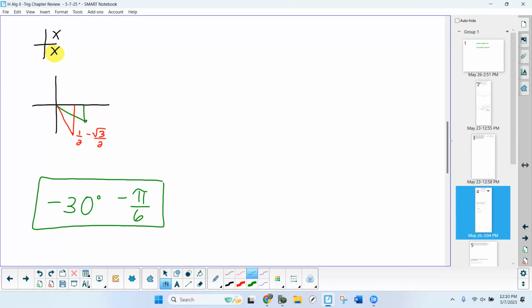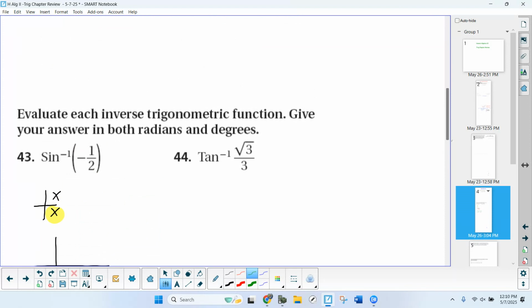And then I went over here, and I said, okay, now x is the long side, y is the short side. So it's the green one. The green one is 30 degrees. It has to be negative 30 degrees, or negative pi over 6. Okay? How about the next one?